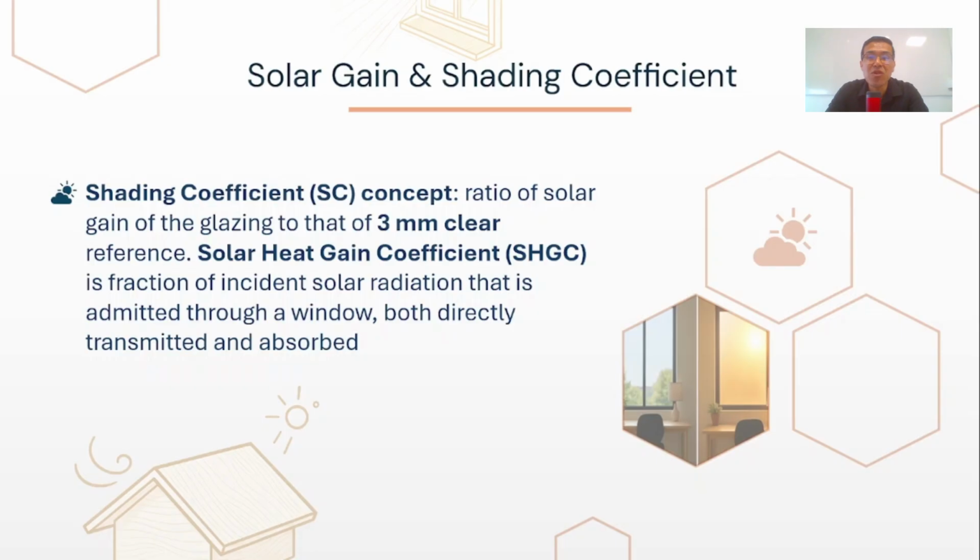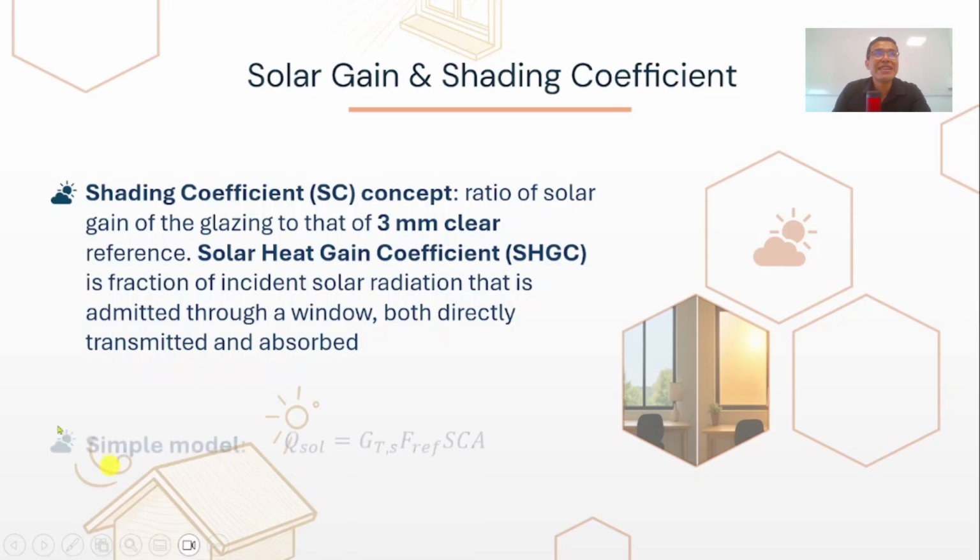SHGC is a more modern and widely used standard, especially in North America. It is a value between 0 and 1. A lower SHGC means less solar heat gain, which is good for climates with high cooling loads.